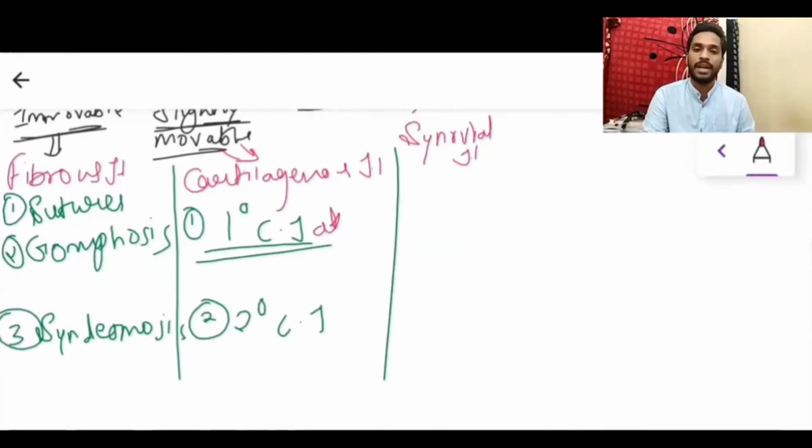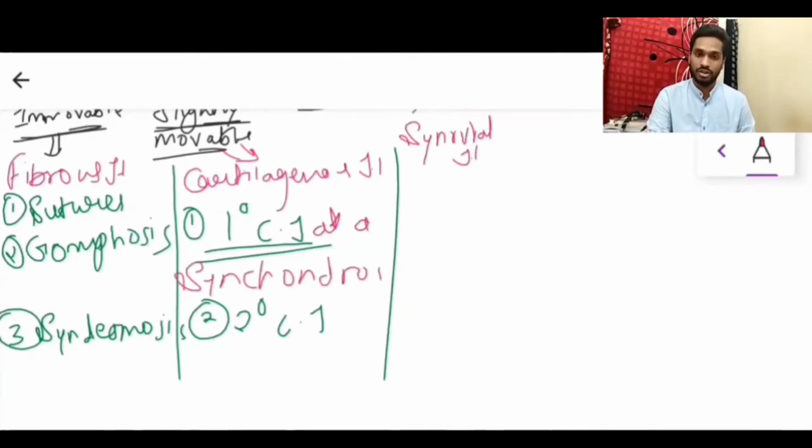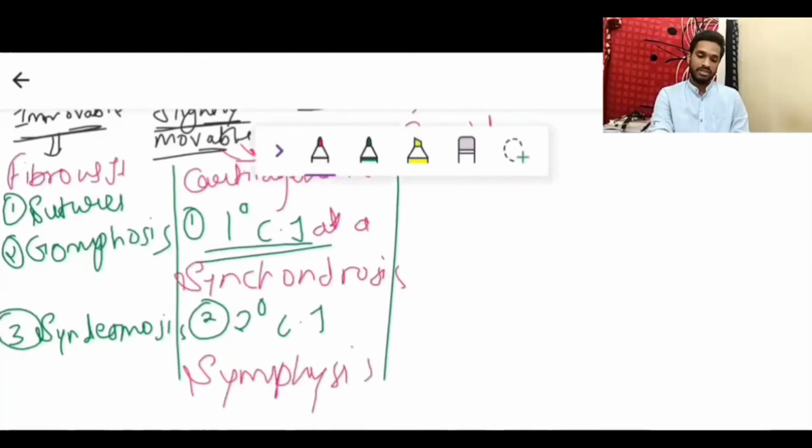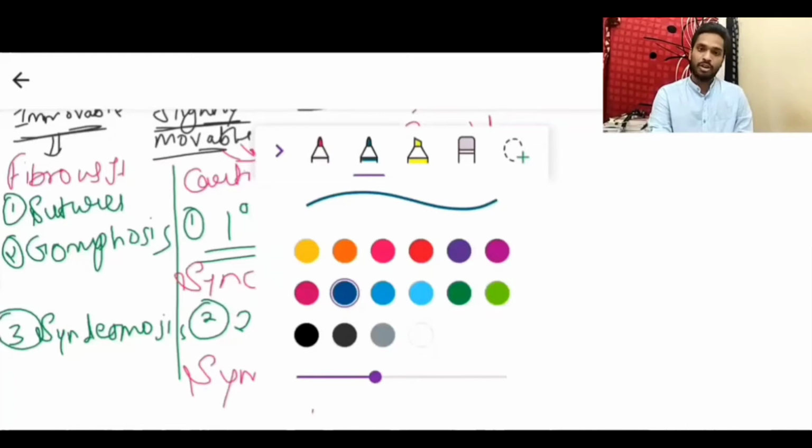The primary cartilaginous joint is also known as synchondrosis, whereas the secondary cartilaginous joint is known as symphysis, as in we have pubic symphysis. So these were the slightly movable, or cartilaginous, joints.